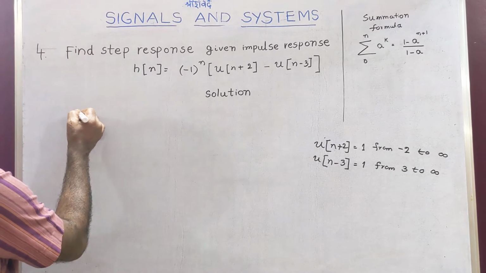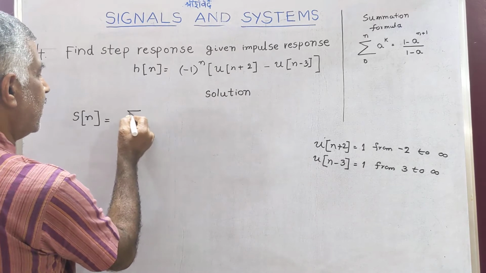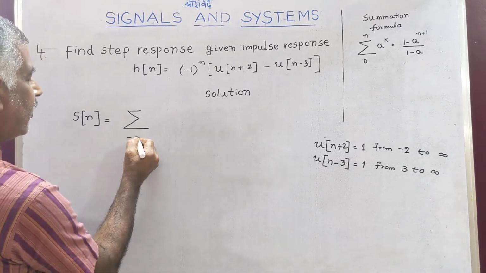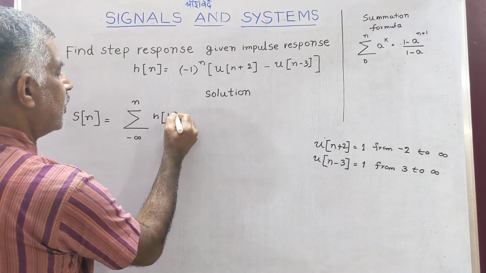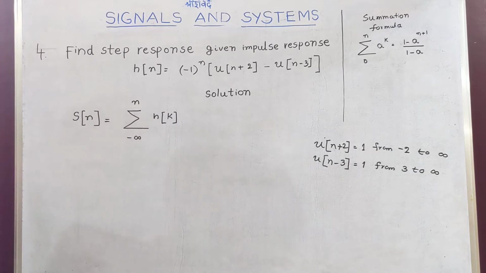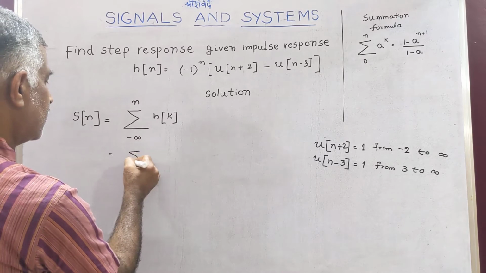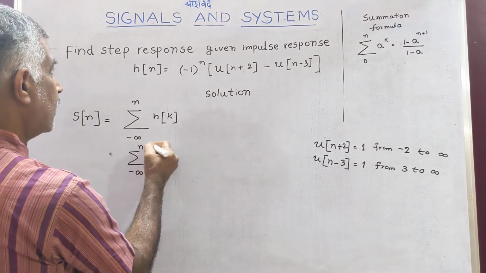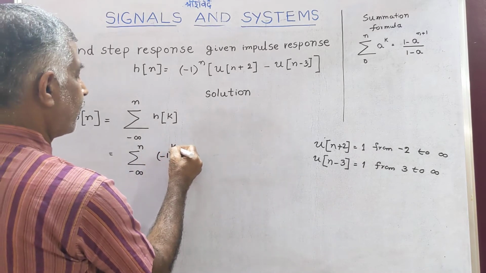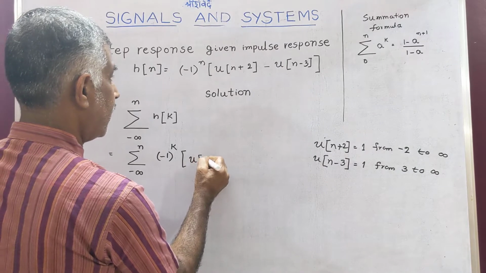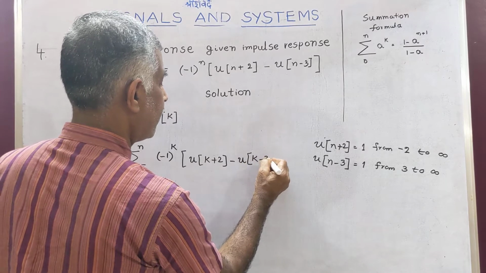Now write the formula. S of n is the summation from minus infinity to n of h of k. So this is h of n, so replace n by k. Then it becomes the summation from minus infinity to n of minus 1 to the power of k, u of k plus 2 minus u of k minus 3.